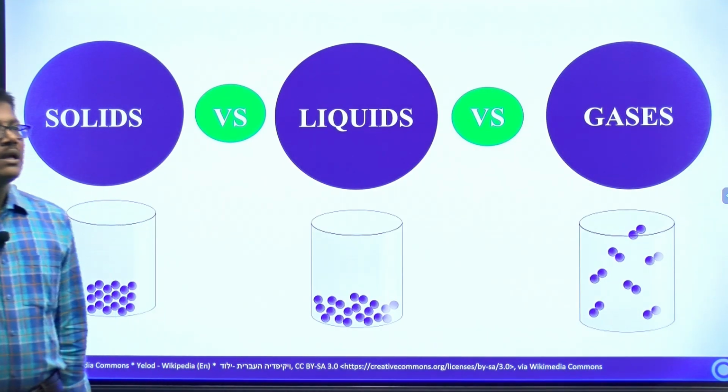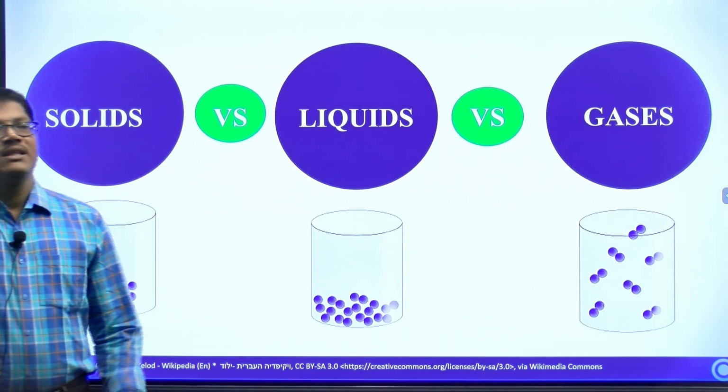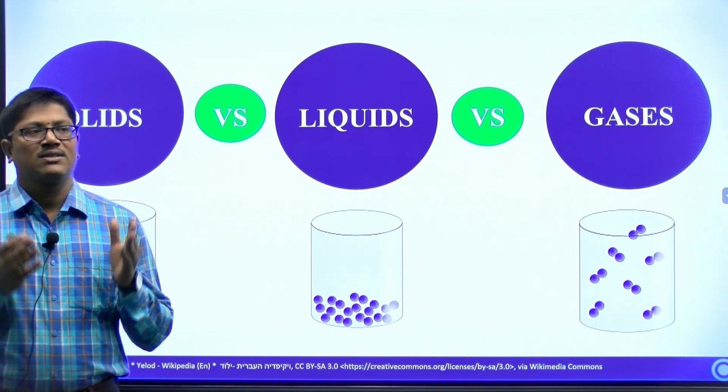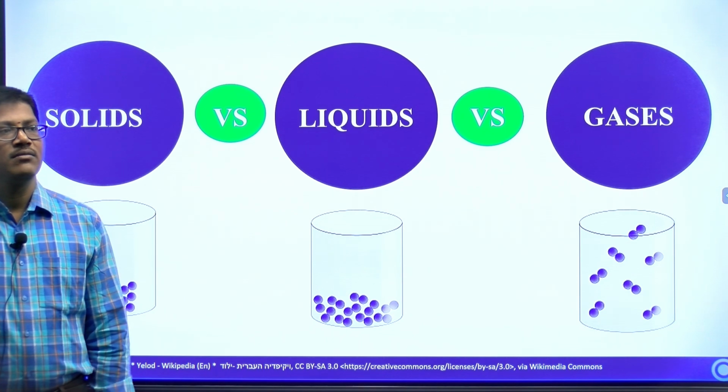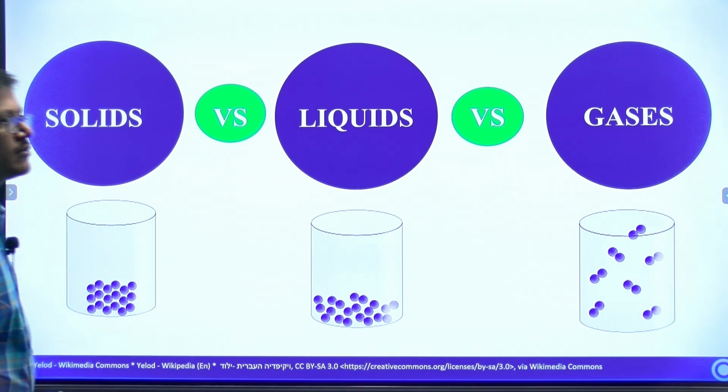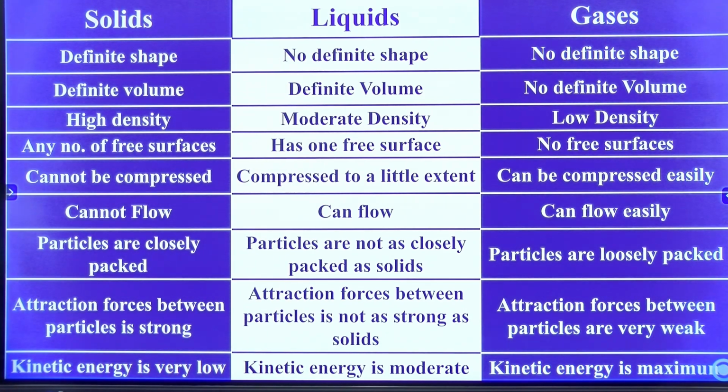Let us discuss the differences between the solid state, liquid state and gaseous state. Solids have definite shape and definite volume. Liquids have definite volume but no definite shape.